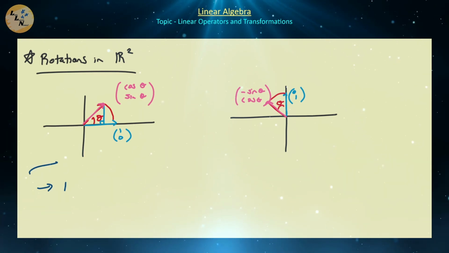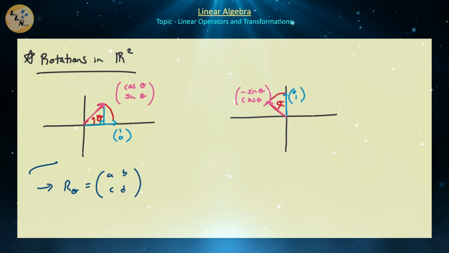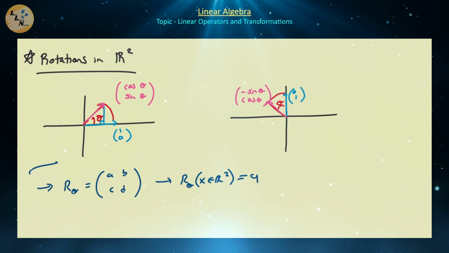So what we see here is R theta, which is going to be a matrix of the form A, B, C, and D, and we need to multiply, for example, this matrix times some vector x in R2, and we're going to get another vector y also in R2 that is rotated counterclockwise by theta, right?